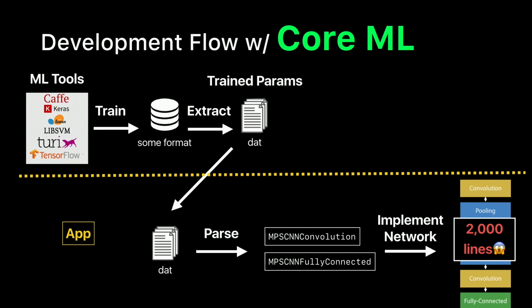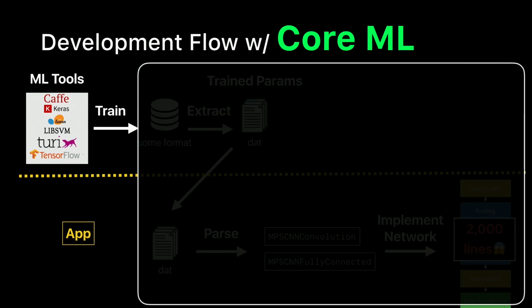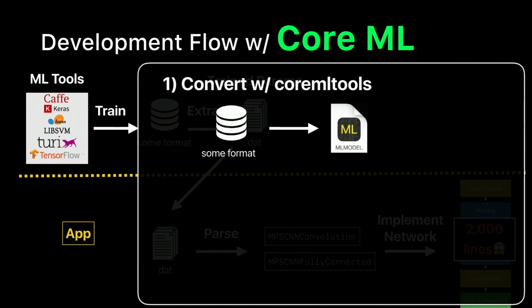If we use CoreML with the same custom model, this flow becomes much simpler. After the training, at first, convert the model to an ML model file using CoreML tools.